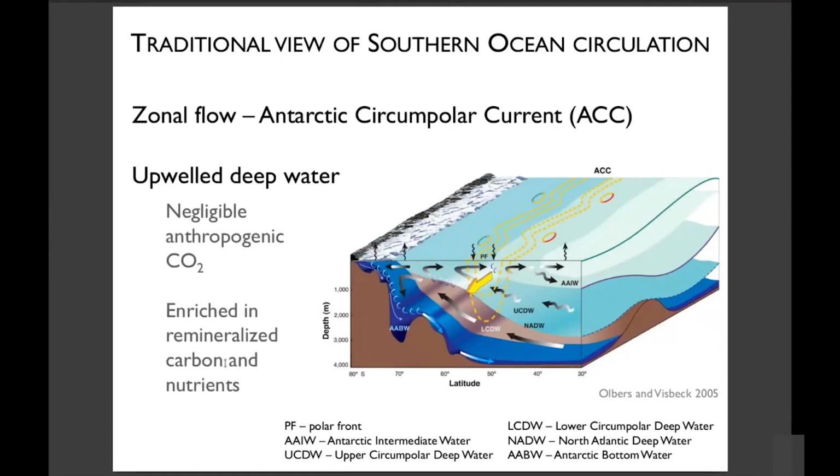So it has negligible anthropogenic CO2, but it's very enriched in remineralized carbon and nutrients, because as this water's been traveling around the planet, it's had a lot of time to accumulate these inorganic materials as organic, dead biological material rains down from the surface layer.